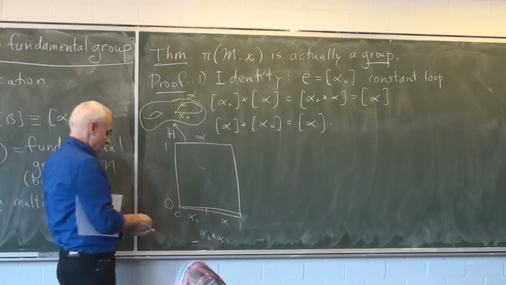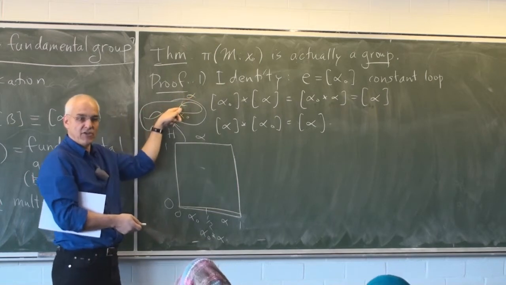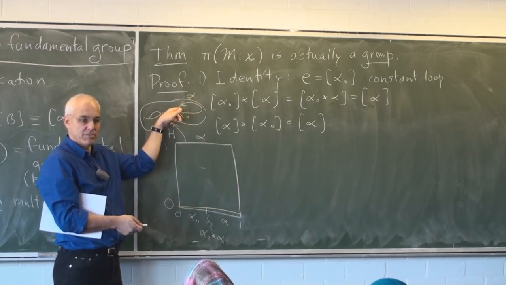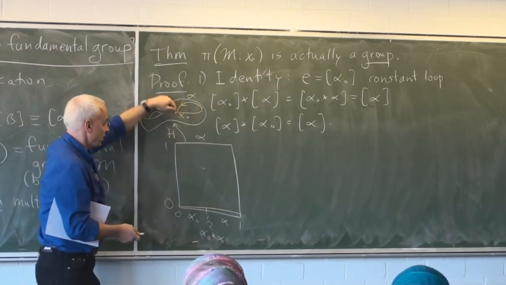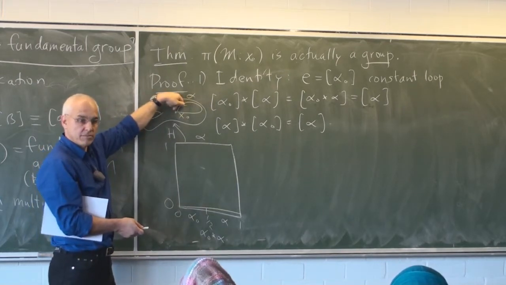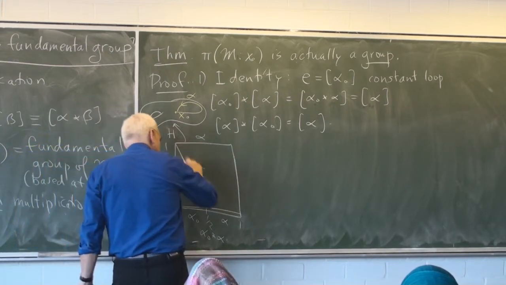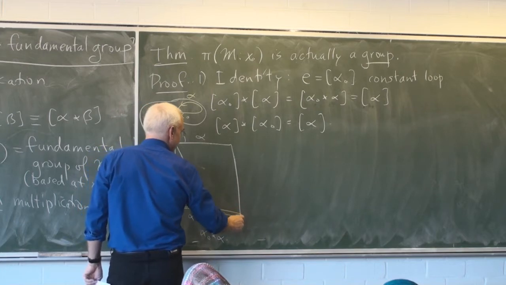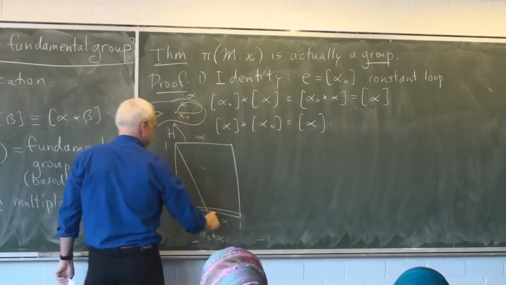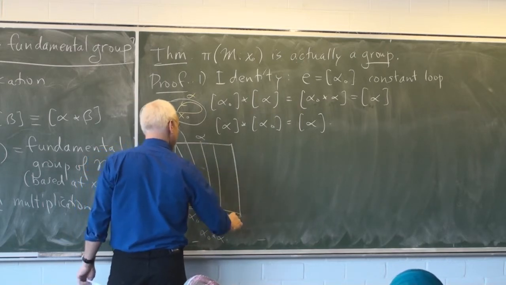And then at time t equals a half, it wakes up and starts going around alpha twice as fast as alpha would normally do. We have to go continuously from that path to the path alpha, which is just the regular path of alpha. So how are we going to do that? Well, you could write down a formula, but it's perhaps easier if we just do something like this. I'm just going to draw some lines from this alpha to this alpha, and I can do it any way I want to, but I'll just do it in a reasonably linear way.